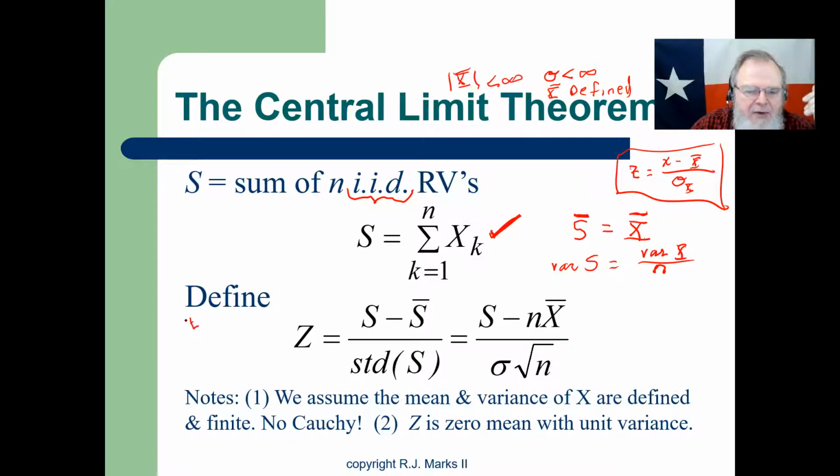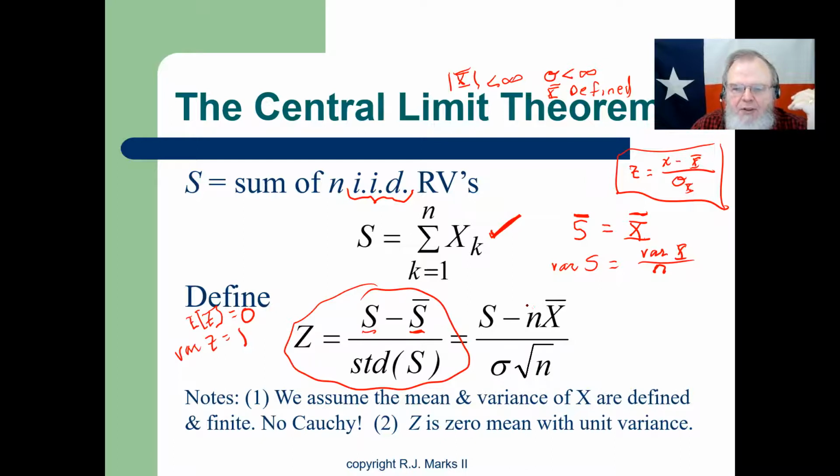So the expected value of Z is equal to 0, since we're subtracting off the mean, and both this and this have the same expected value. The other thing is that the variance of Z is equal to 1. So by doing the Z operation, we're taking an arbitrary random variable and reducing it to a zero mean, unit variance random variable. So that's our motivation for doing this.